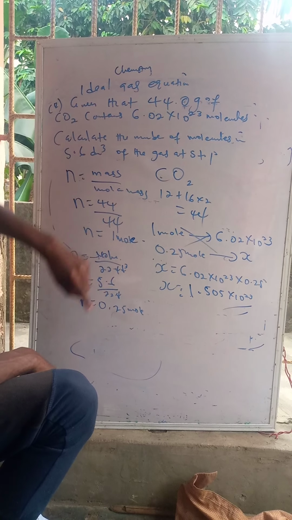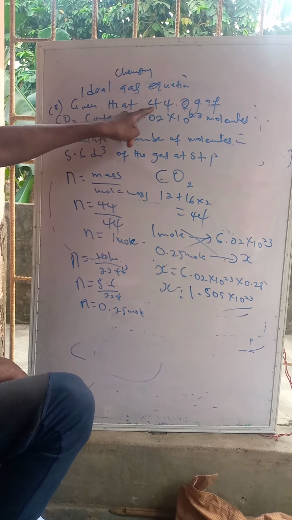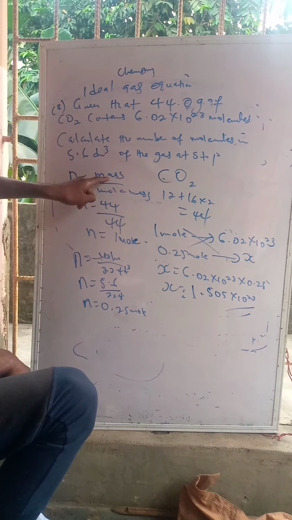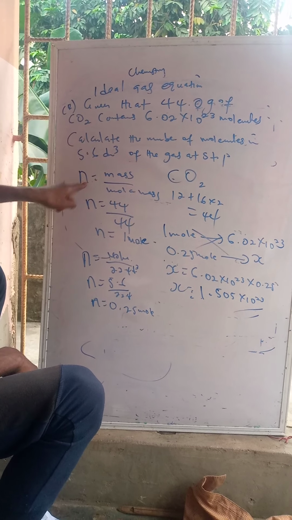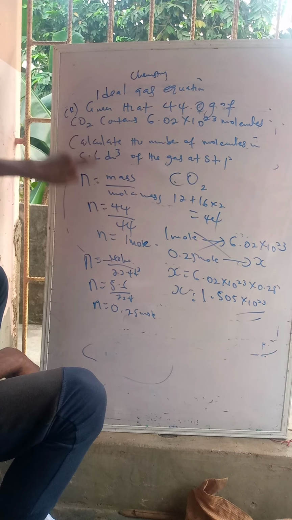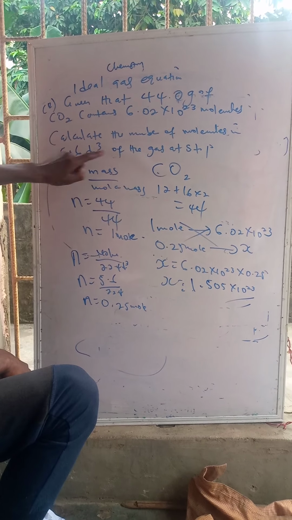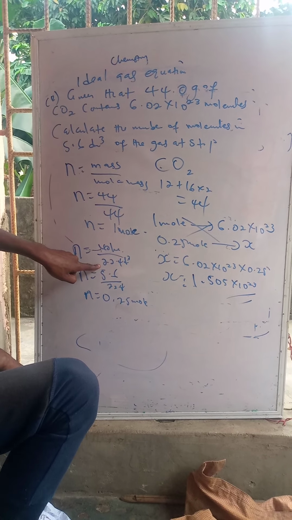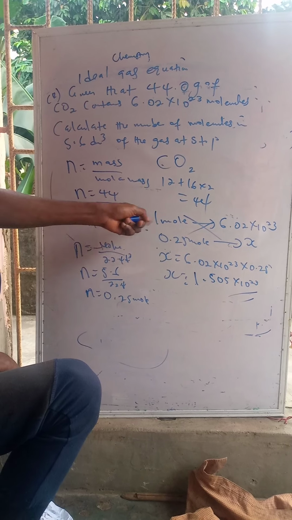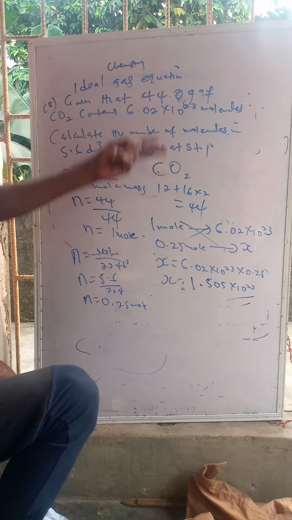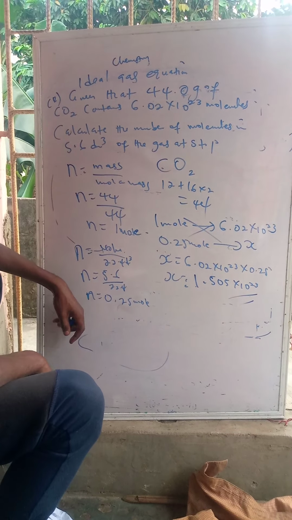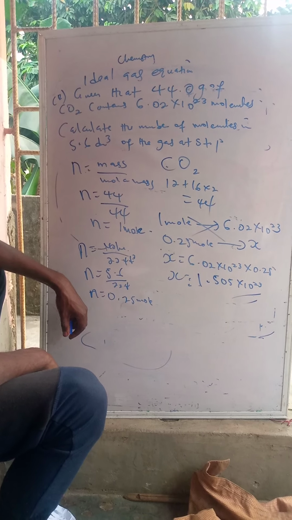When you see a question that contains mass, for you to find number of mole, use mass over molar mass. You get a number of mole, and of course, the molar mass is the molar mass of the substance given. So I have to find number of mole again by using volume over molar volume, which is 22.4 dm cube. So I related each of them to their particles, and then we have 1.505 times 10 raised to the power 23 right there.